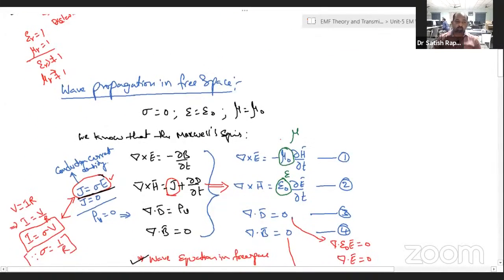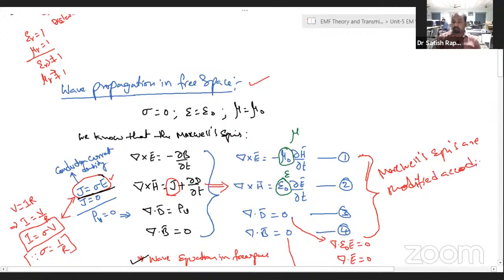For EM wave propagation in free space, the 4 Maxwell's equations are modified according to the medium characteristics.